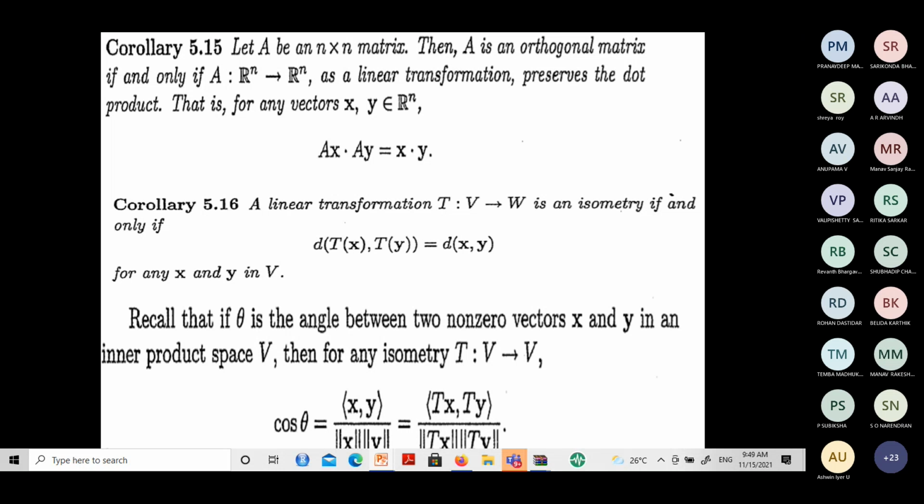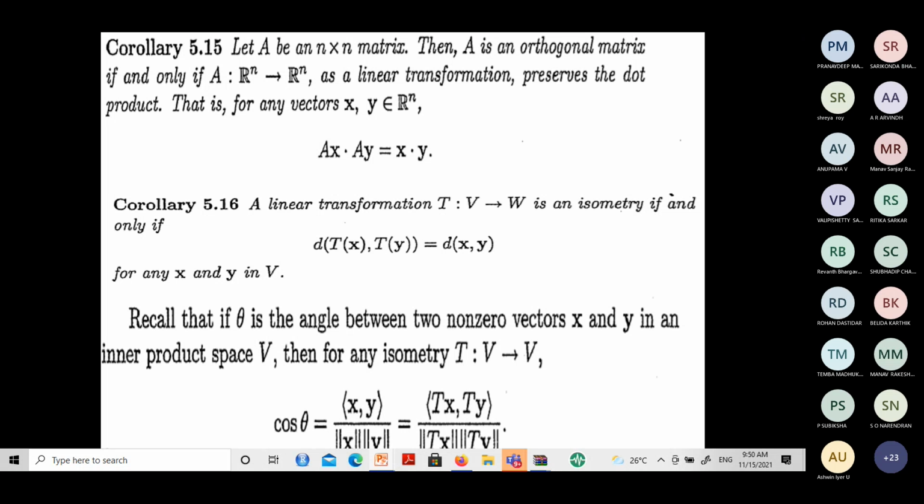Next, another corollary of that theorem: let A be an n by n matrix, a square matrix of order n. Then A is an orthogonal matrix. I think you remember what an orthogonal matrix is. It is a matrix in which the column vectors are orthogonal to each other.